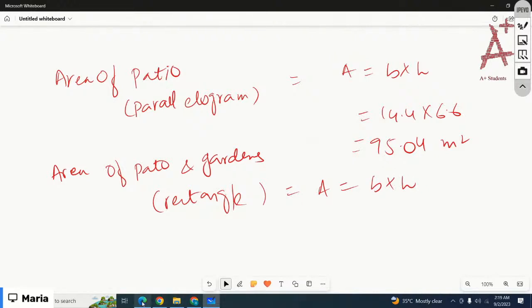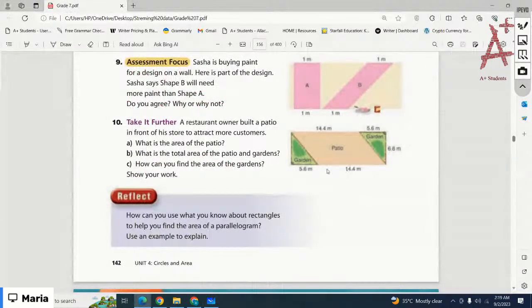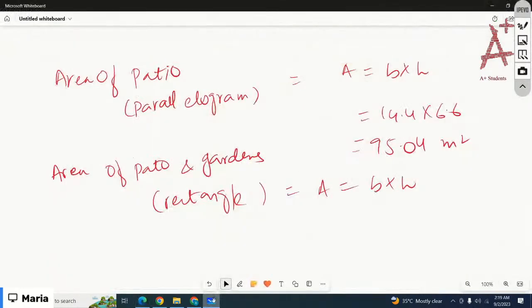So the base is now 14.4 plus 5.6, right? Because you have to calculate the area of the total one. So when you add, they make 20.